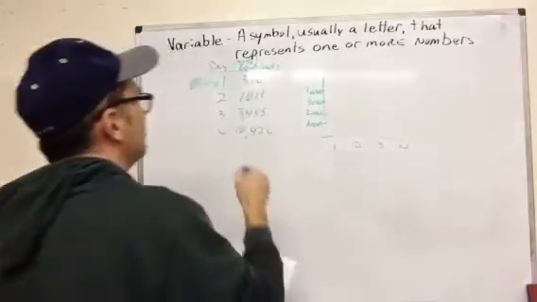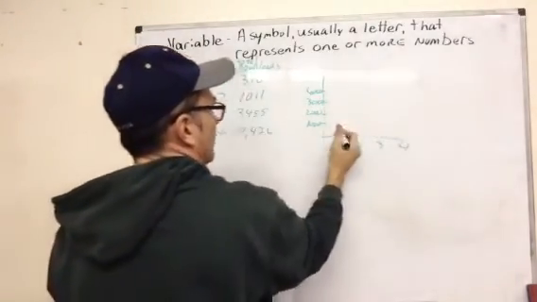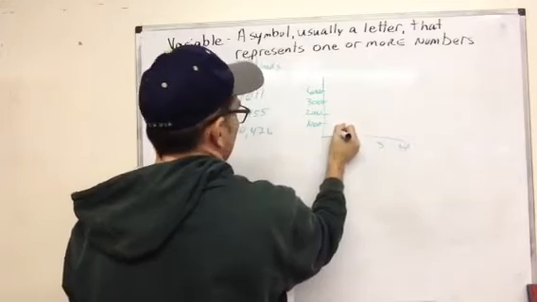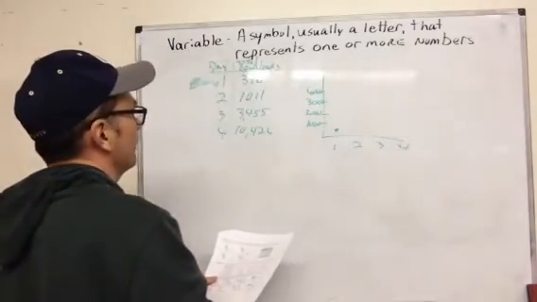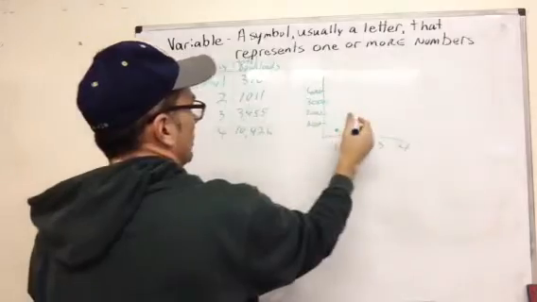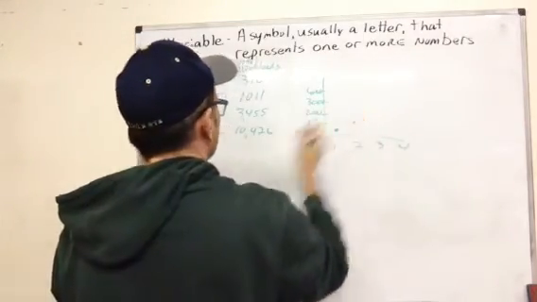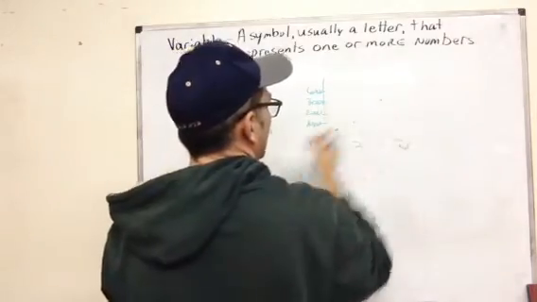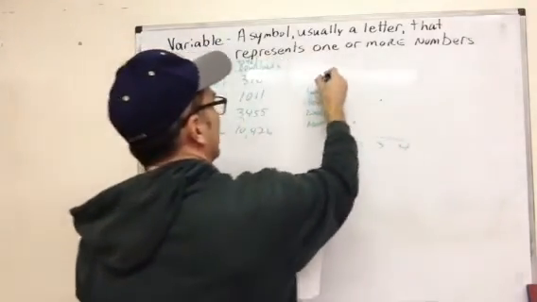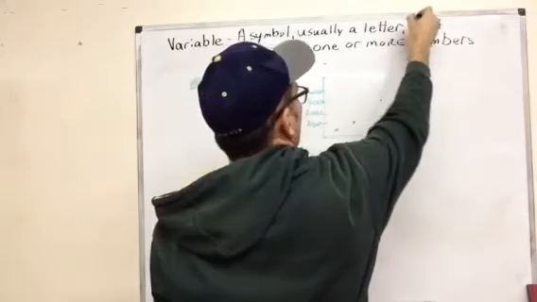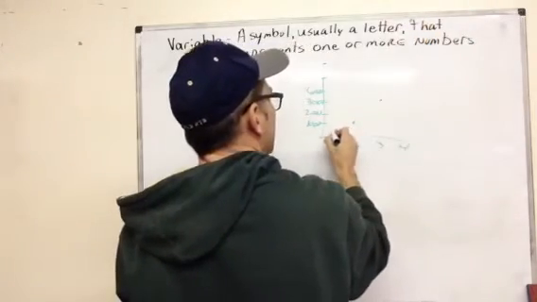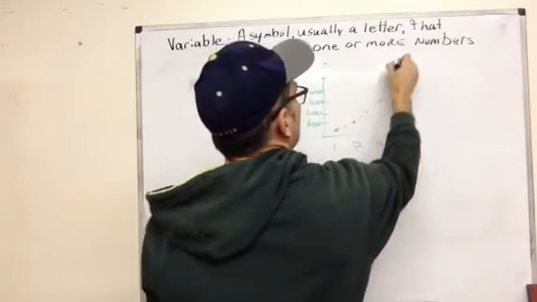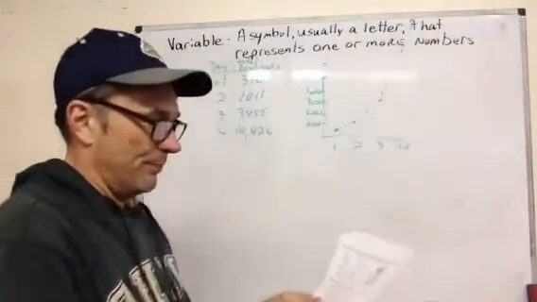We want to plot these points. 1 and 346. Again, this is guessing. It's about there. Day 2, it's right about 1,000. Day 3, it's a little over 3,000. And day 4, we're at 10. There's 5, 6. It might be way up here. So you can see that this graph kind of looks like that.